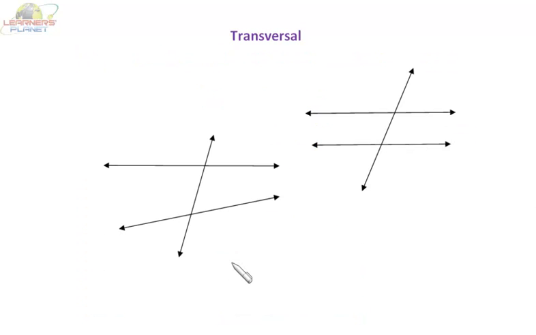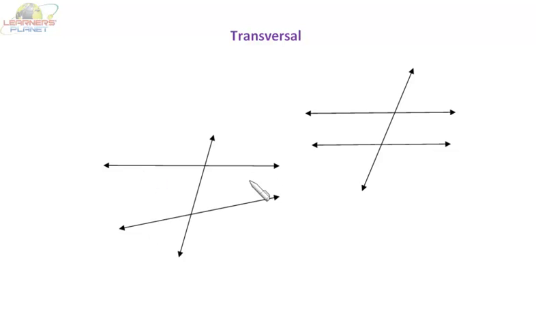Now first of all, let's discuss transversal lines. Now what is a transversal line? A line that cuts across two or more lines and has only one point in common with each of those lines is called a transversal. Now in these diagrams we can see that this is a line and this is a line.